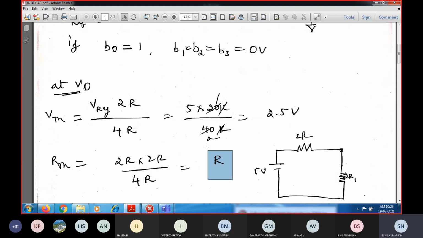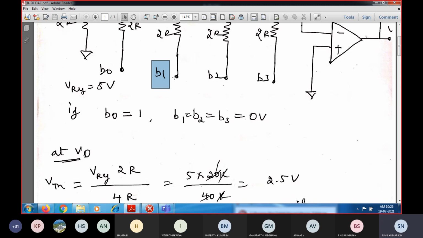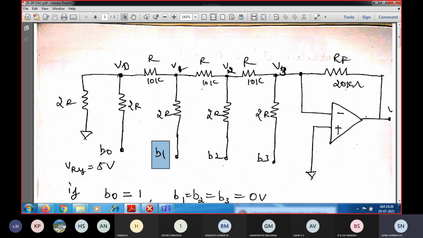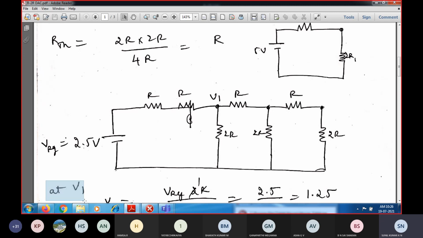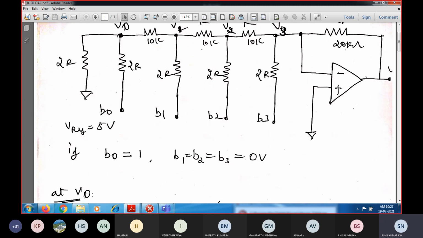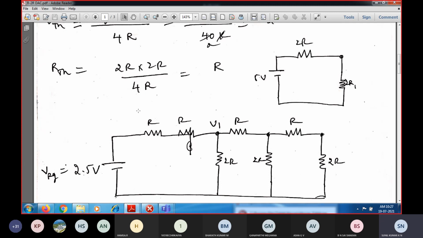Now in order to get this bit position B1, whenever it is connected to 1, we need to find out what is the voltage at this point. So in order to find out this voltage V1, we need to find out what is the voltage at V1. If I am going to have 5 volts being connected over here, and we know the equivalent resistance over here: R plus R is 2R.